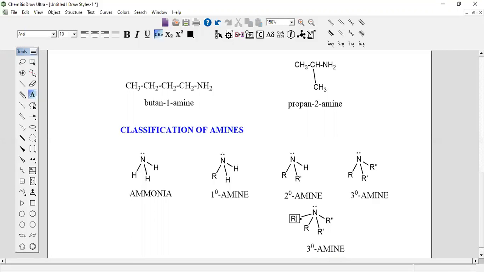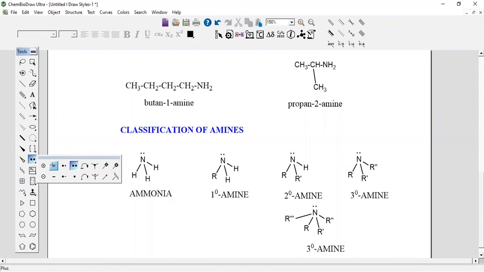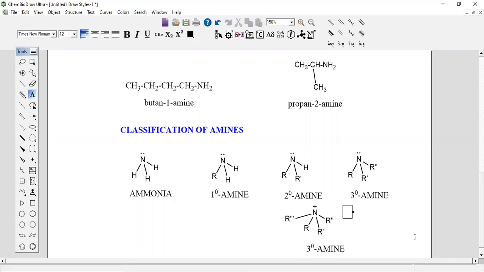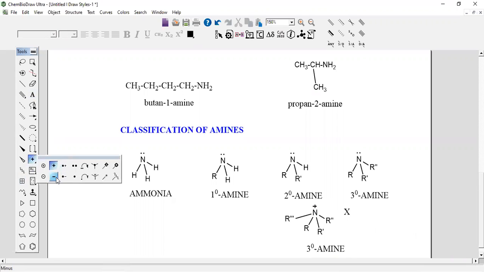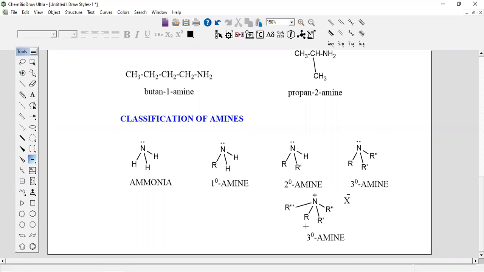You can take anything or the same one also, but now, instead of this lone pair of electrons, it will have a positive charge, and there will be some X minus also. X means a halogen. So here, it still has 4 alkyl groups.